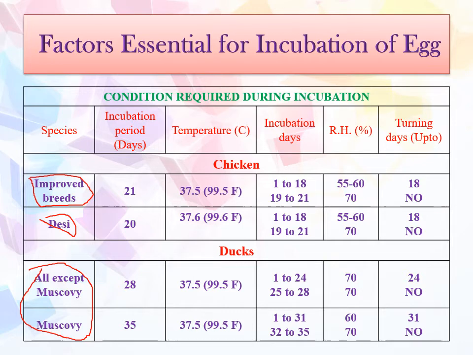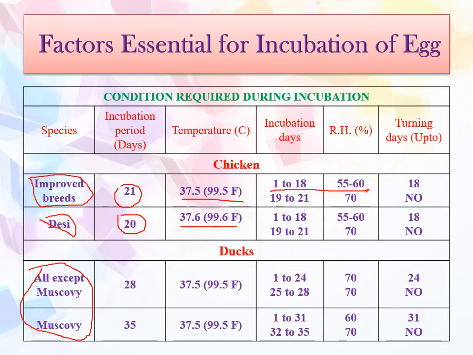But you have to remember about the chicken. For the improved breed, which is most commonly used, the incubation period is 21 days. In desi bird or desi chicken breed, the incubation is 20 days. The temperature maintained will be 37.5 in both. Then humidity for the first 18 days, whenever they are in the incubator, must be 55 to 60%.